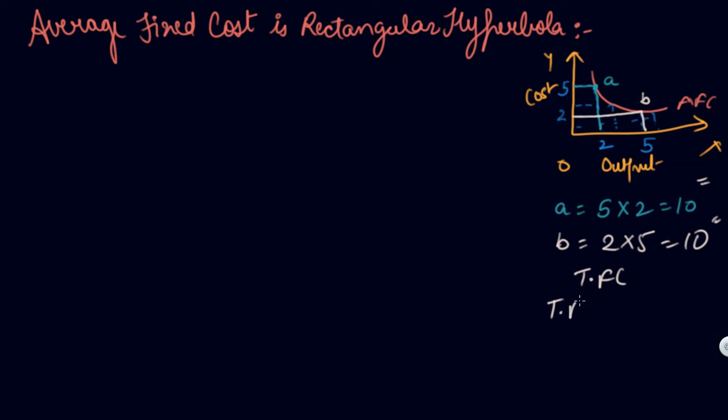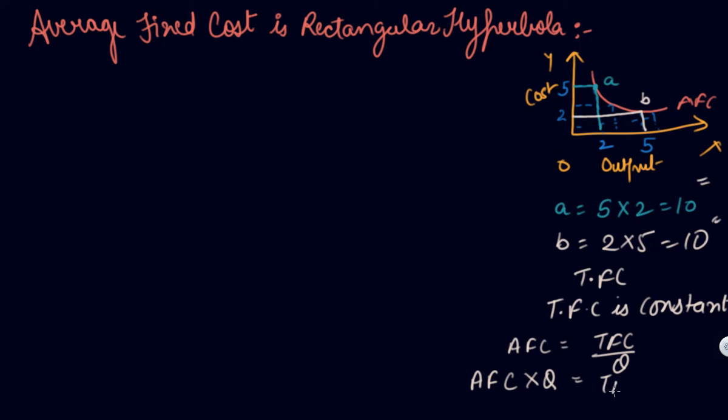As your total fixed cost is constant, you calculate your average fixed cost by dividing your total fixed cost by output, right? So if you multiply your average fixed cost by output, you get your total fixed cost, and at all the points you will have the same fixed cost, that is, your fixed cost is constant. So this is the reason for your average fixed cost being a rectangular hyperbola.